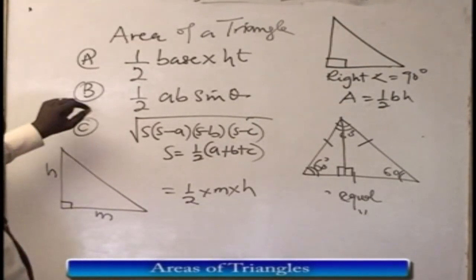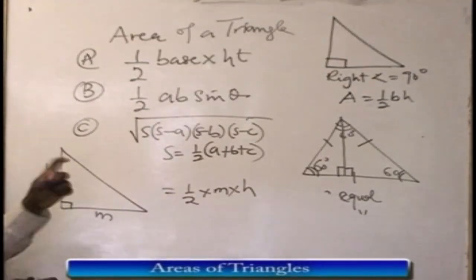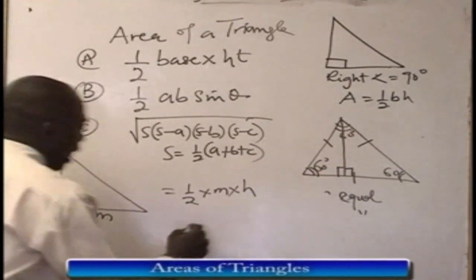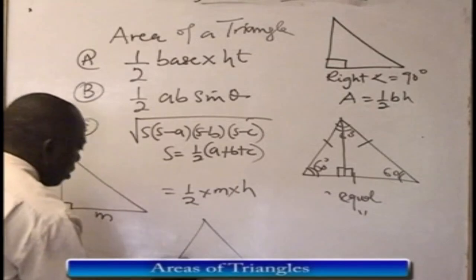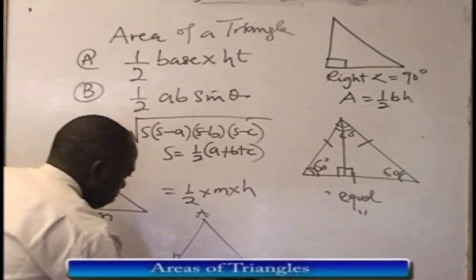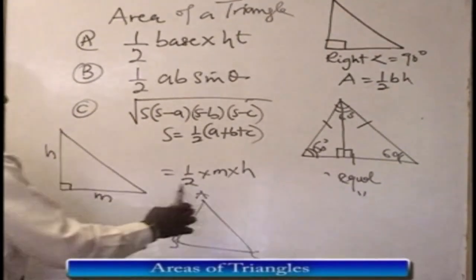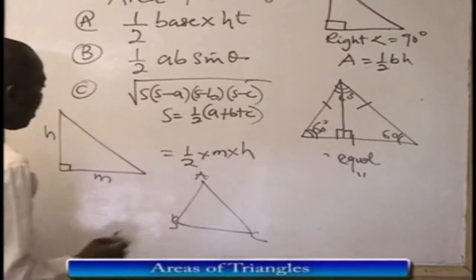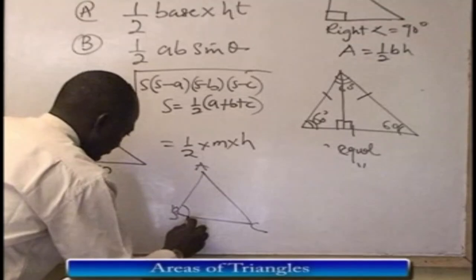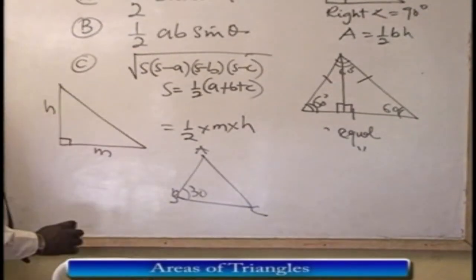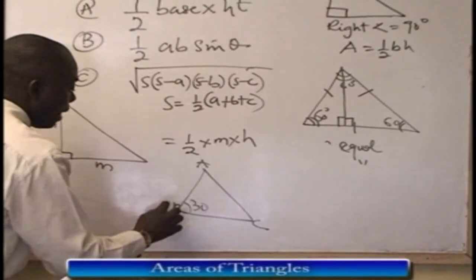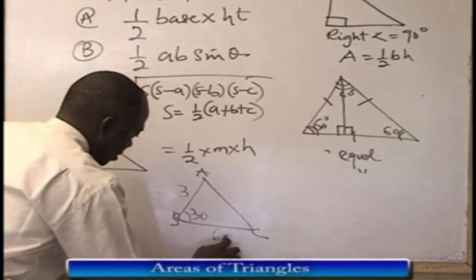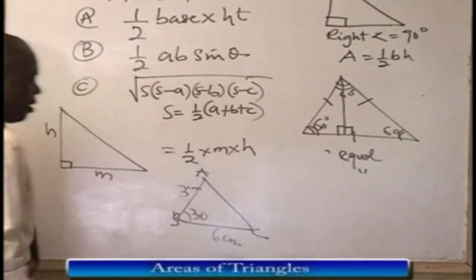Again, if you are given another type of triangle in which the height and the base are not specified, let's say for instance triangle ABC, in which one of the angles has been presented to you, say angle 30 here, and this side has been provided as 3 centimeters and this side as 6 centimeters.